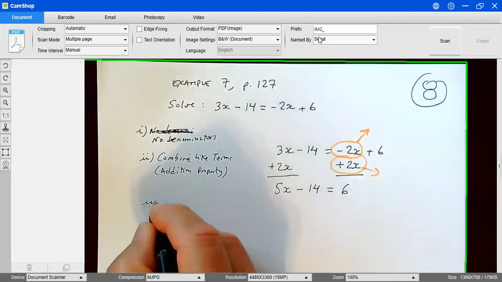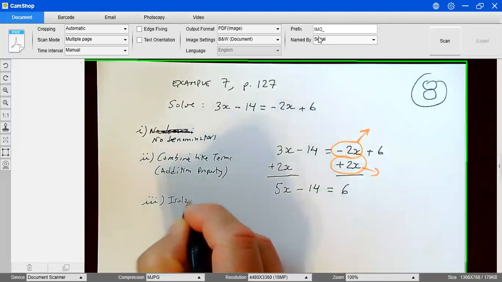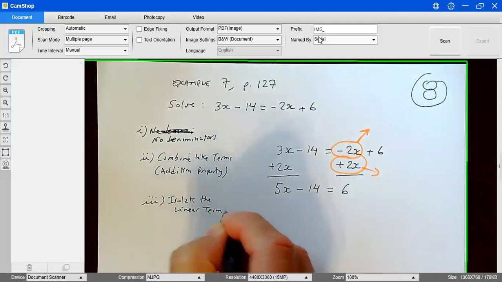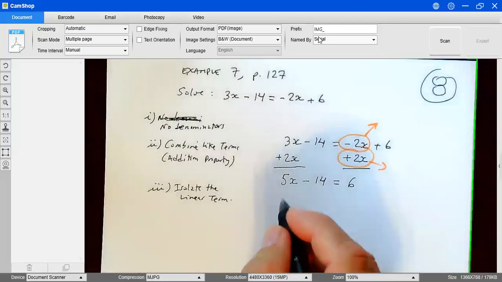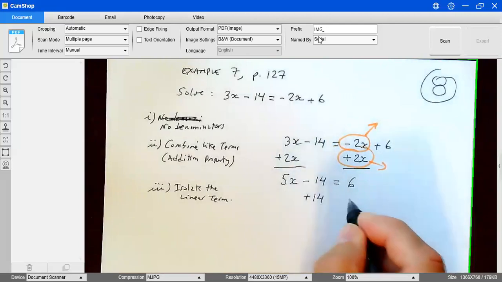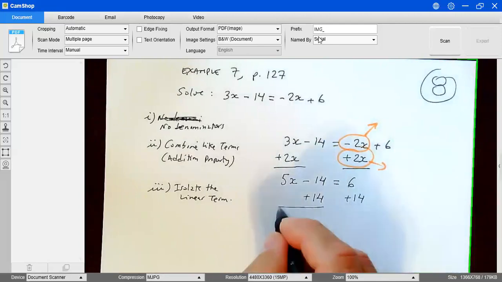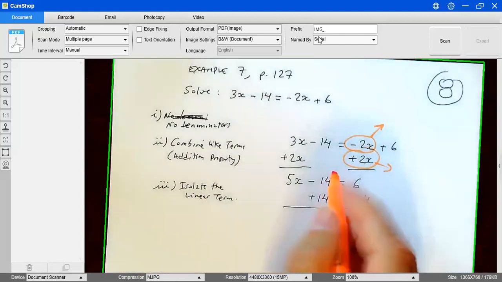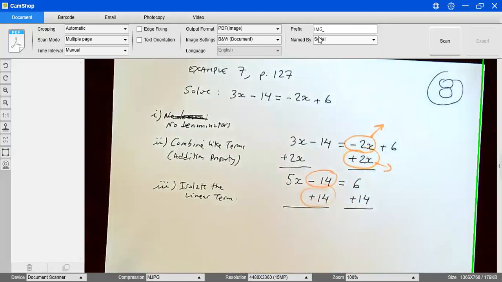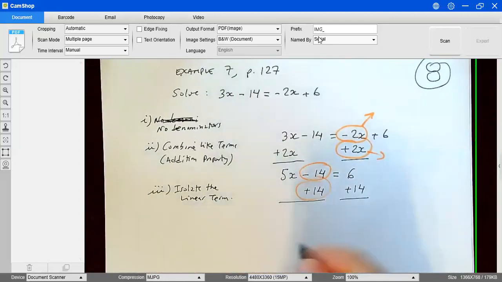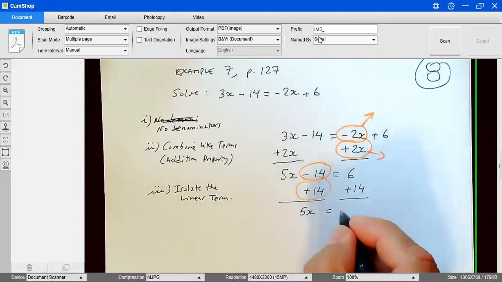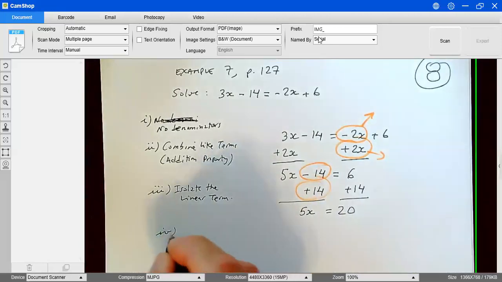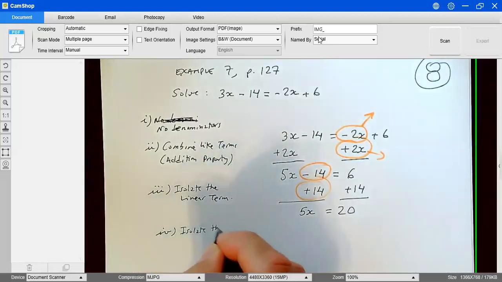Now our third step is just to isolate the linear term. We're going to add 14 on both sides of the equation to get only 5x here. Remove negative 14 by doing this, so you get 5x equals 20. In the last step, we're going to isolate the variable.